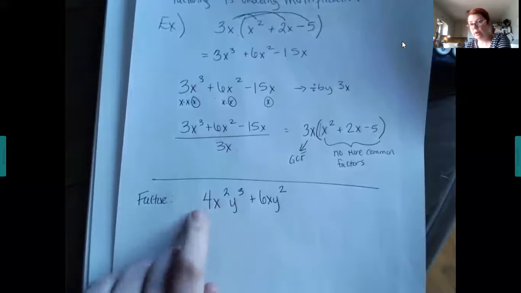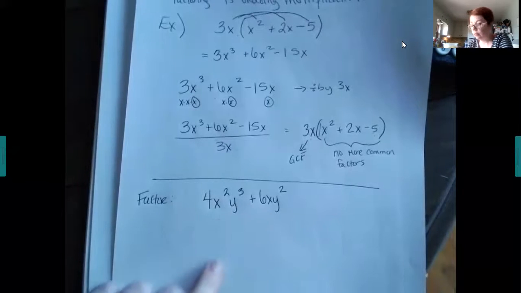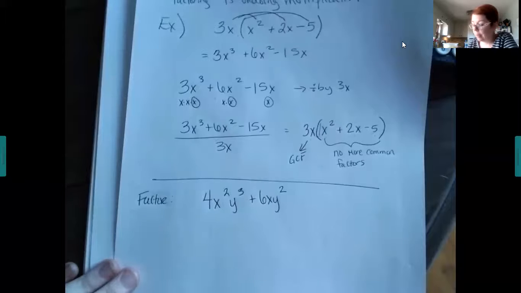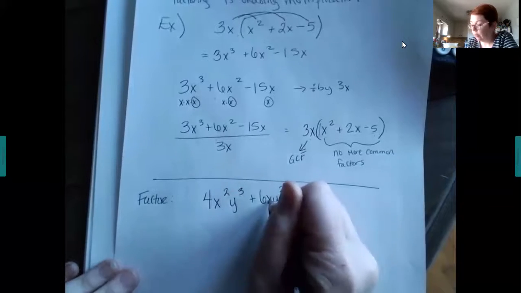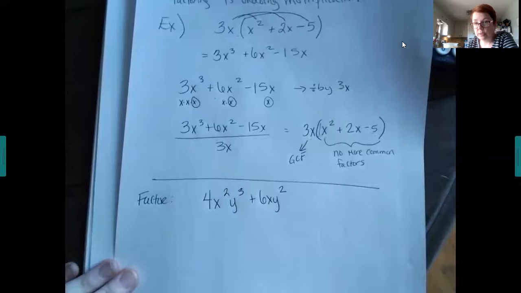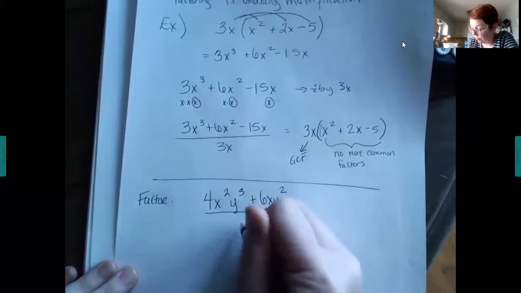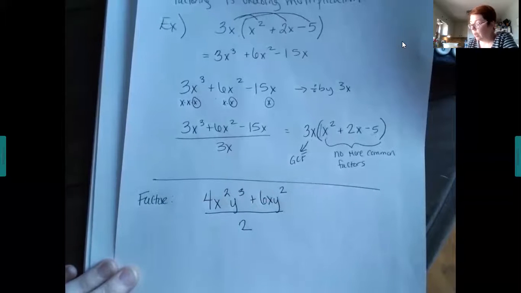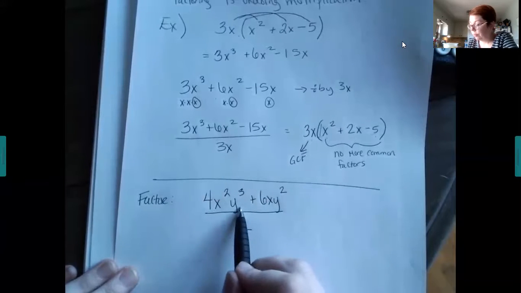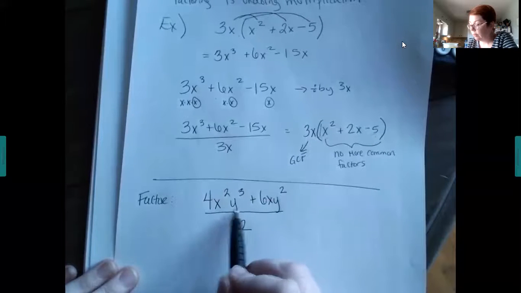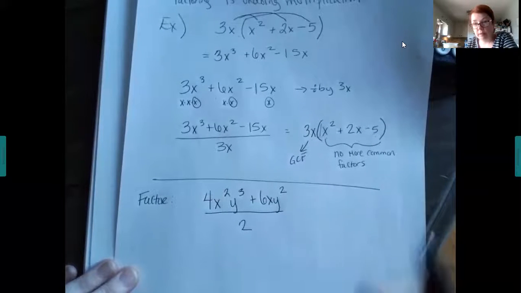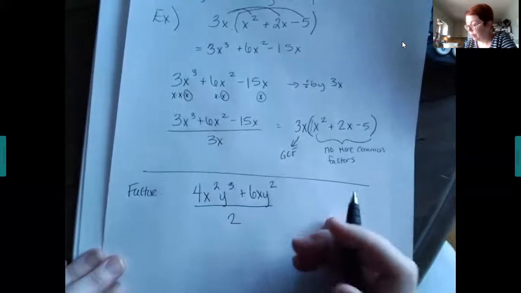What can we divide 4 and 6 by evenly that they share in common? So I can't divide 6 by 4 evenly, but I can divide both by 2, right? And then variable-wise, how many do they have in common for the x's and the y's, right?